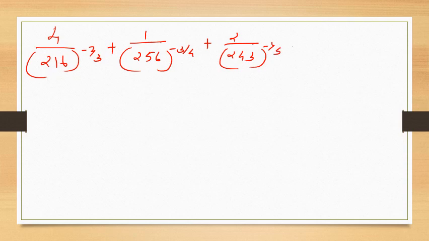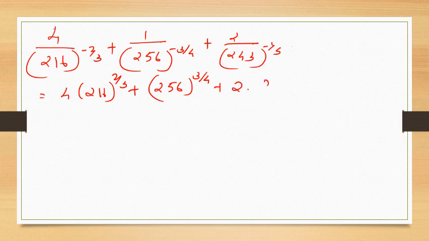So first of all we have to convert it into positive exponent. So 4 into 216 raised to 2 by 3 plus 256 raised to 3 by 4 plus 2 into 243 raised to 1 by 5.